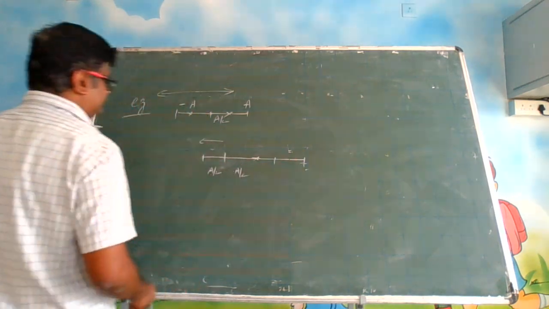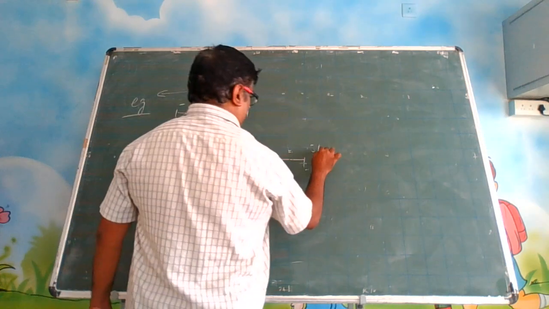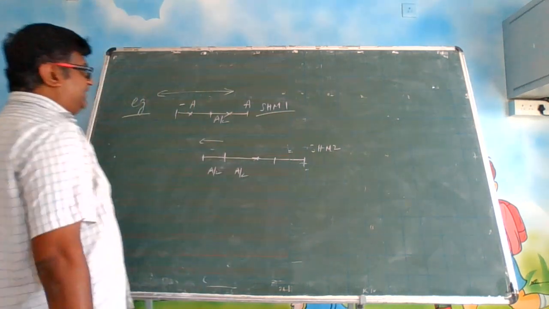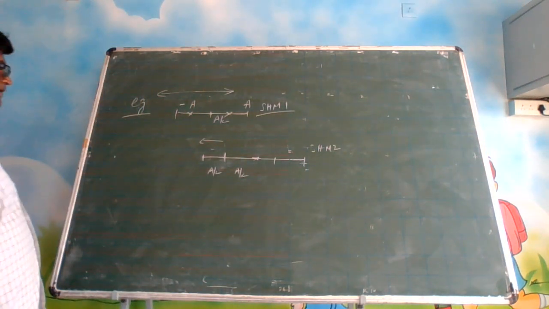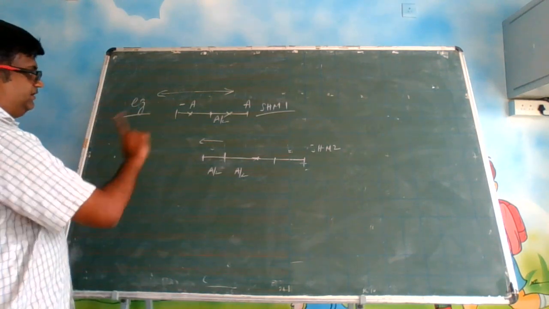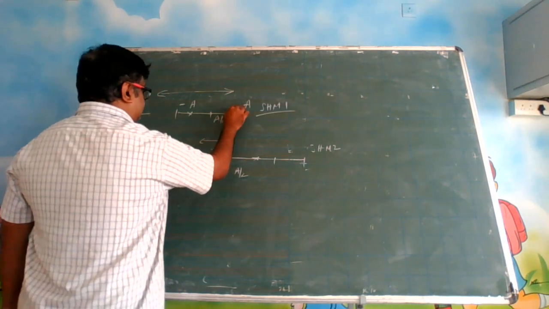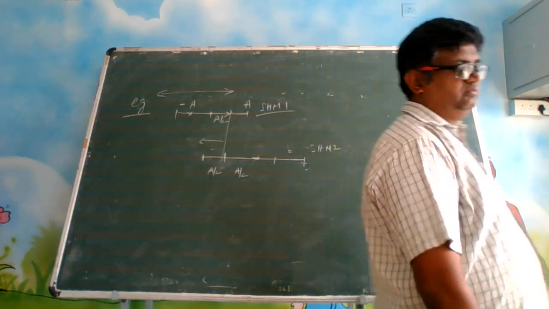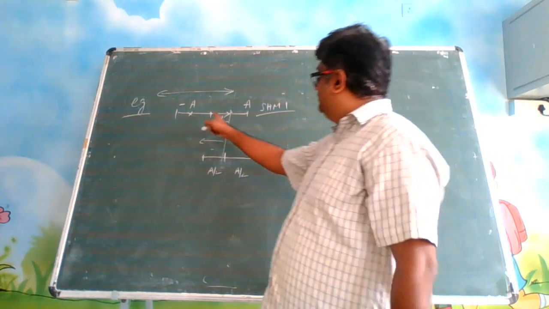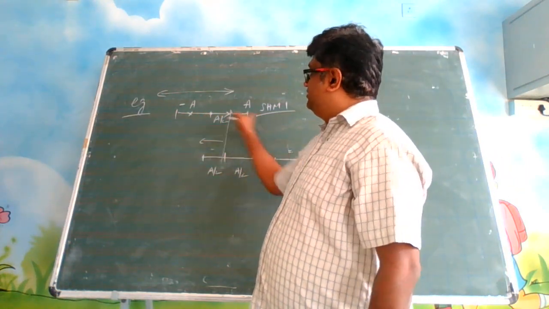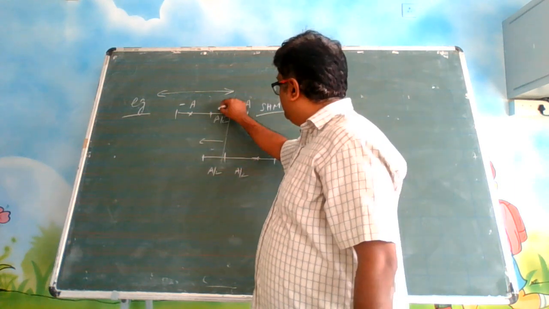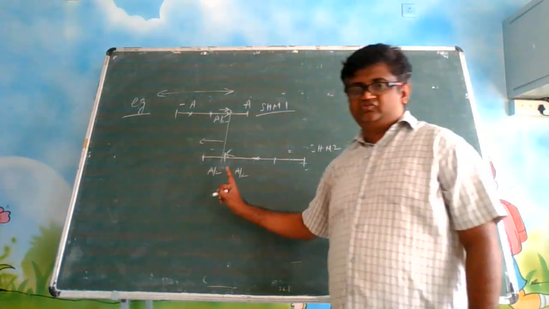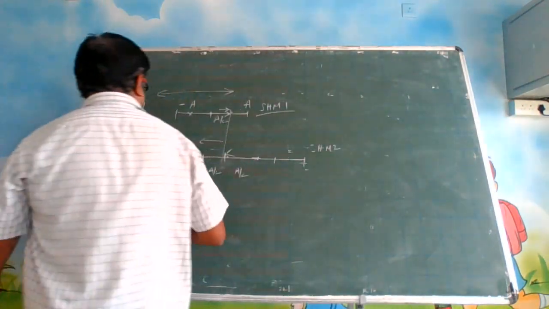This is simple harmonic motion 2 and this is SHM 1. What is the phase difference between these two? Both have the same amplitudes, but they are happening in opposite directions and they meet at A by 2. When the oscillation is happening in this direction, this comes over here, and this comes over here. Understood the question? Two simple harmonic motions.